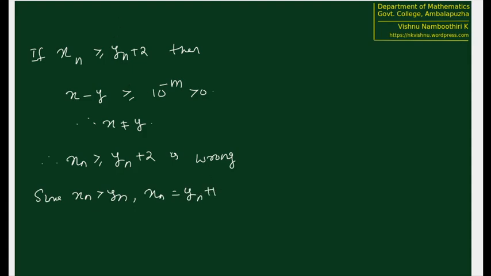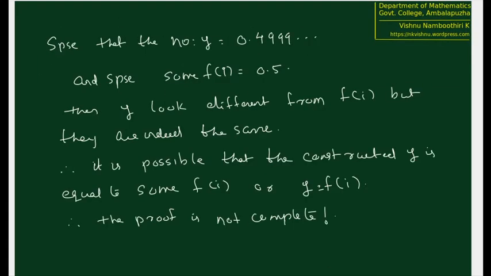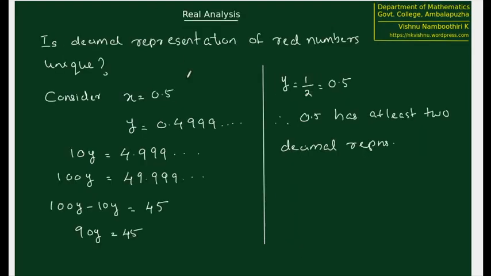So this actually justifies our previous example. What was the previous example? We have seen that 0.5, 0.499, etc. The difference is starting from this position, 5 and here it is 4. So we have here 5, here it is 4, and therefore they differ exactly by 1.